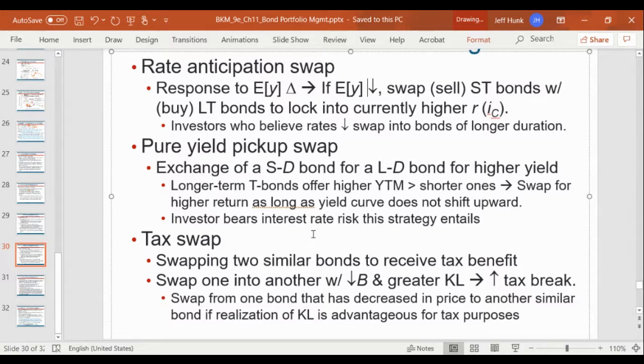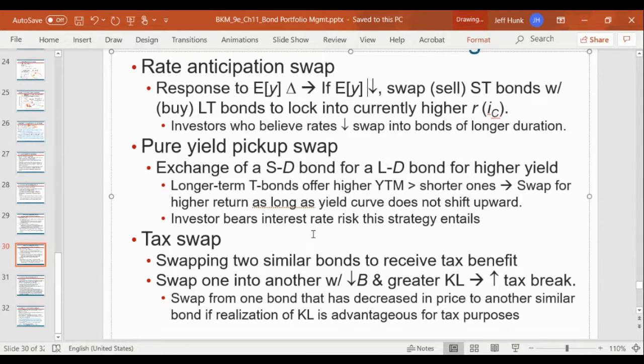In other words, the longer the maturity, and of course longer maturity bonds also have longer duration, the higher the coupon rate, the higher the return, and thus higher yield.